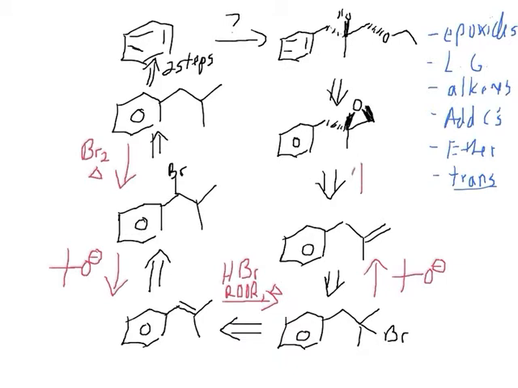Now, from an alkene, to form an epoxide, what do we use? We could use an epoxide reagent, a peroxy acid. Alright, so we got our epoxide reagent, got that done.